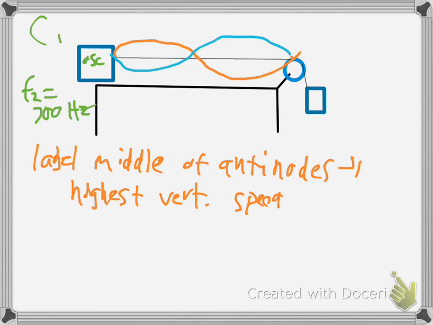All you need to do is label where the points of highest vertical motion are, and that would be here and here. So both points are the center of the antinodes, and that's really it. It's a pretty easy wave question.